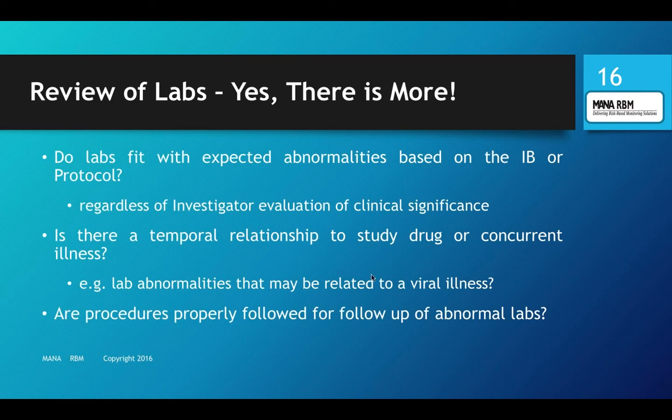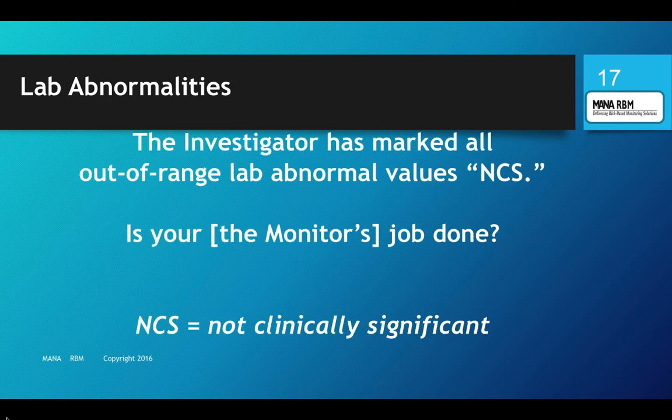This is not just for the PI. And another finding on some of the 483s for investigators: are procedures properly followed for the follow-up of abnormal labs? That's in the protocol usually, and you need to make sure that those procedures are followed appropriately. So there's a lot to labs besides just saying, oh, the investigator said it wasn't clinically significant.